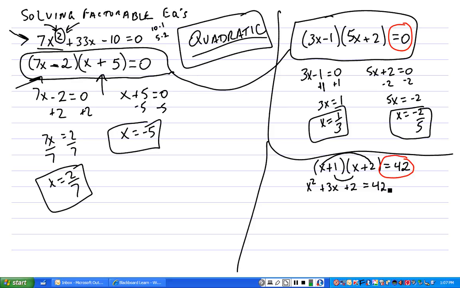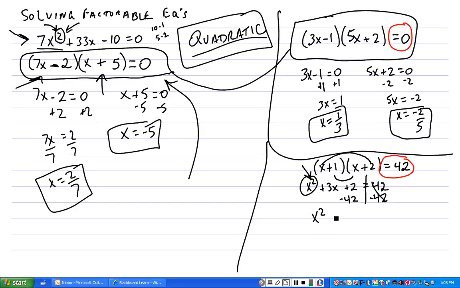And we explained over here that when you have a quadratic, again hinted by the square, you want all the terms on the same side of the equal sign, and you want them set equal to 0. So I need to move this 42 over here. So I subtract 42, that cancels.